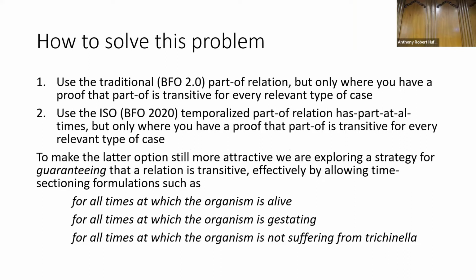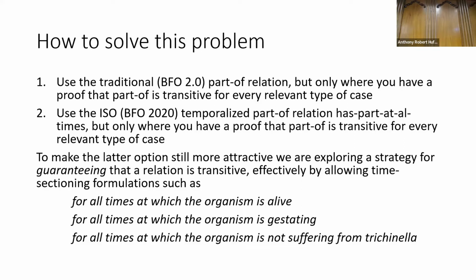Now, the temporalized relations don't give you just part of. You can't just say part of. You can for processes, for recurrence, but not for continuants. You either have to say part of at all times or part of at some time. Or you have to have some time restriction which will prevent the transitivity problem.